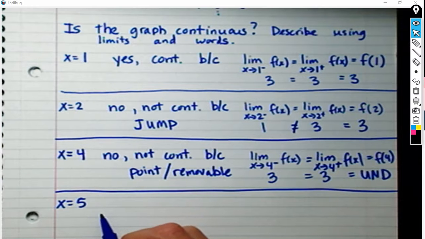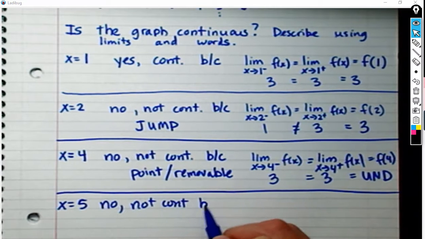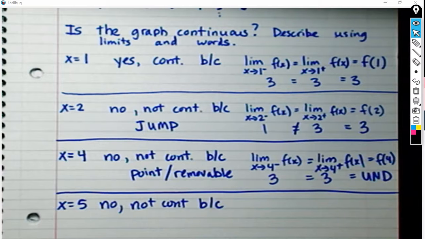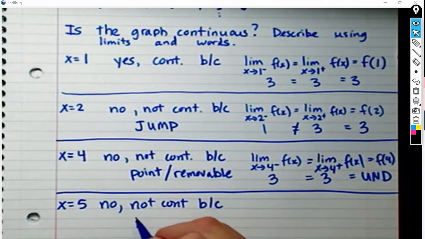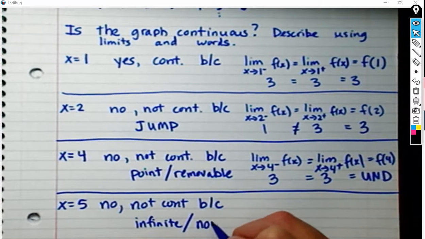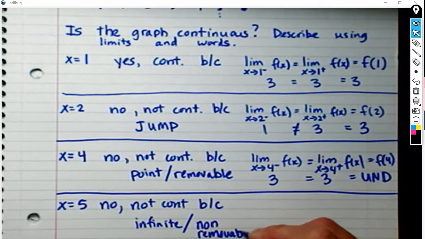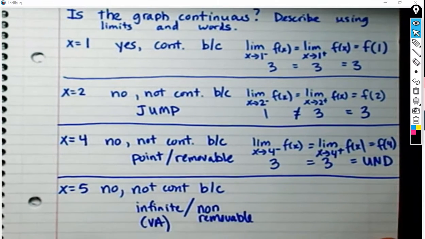No. Correct. No, it's not continuous because. All right, Julia, you can pick. What's the word? Why is it not continuous? Yeah, it's an infinite discontinuity, or the other word sometimes is non-removable. And it's because it's a vertical asymptote.